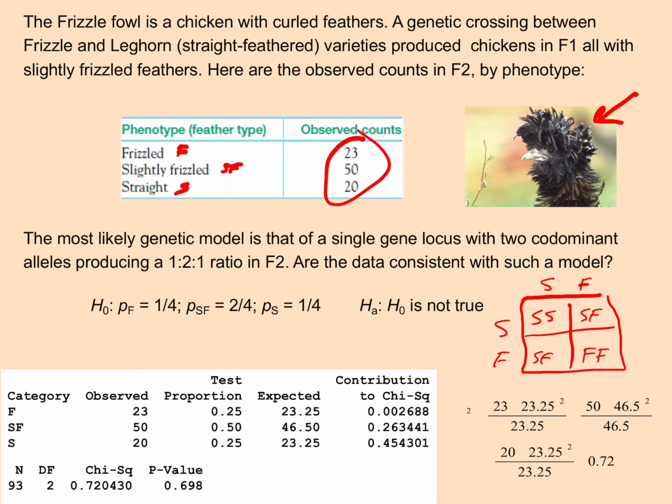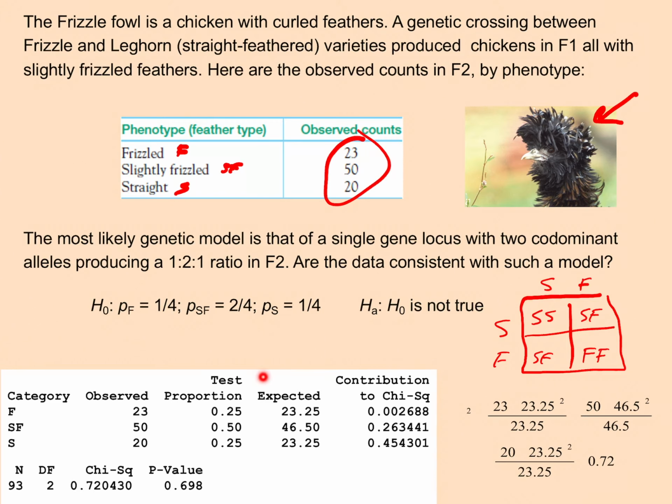So the expected proportions are 0.25, 0.5, and 0.25. And that's what our null hypothesis says, right? Frizzled 1/4 or 0.25, slightly frizzled 2/4 or 1/2, 50%, and straight again 1/4, okay?